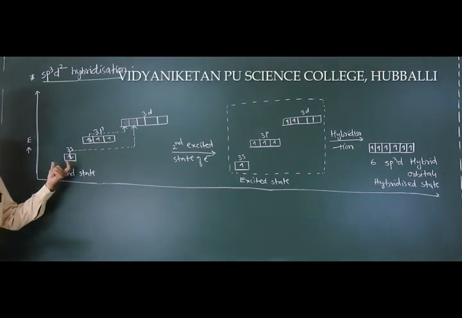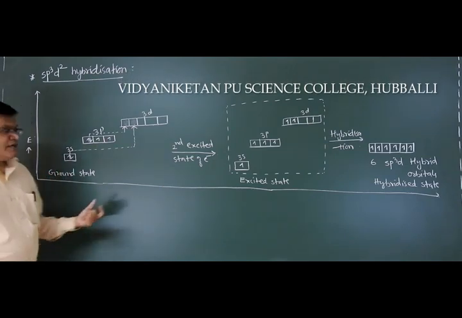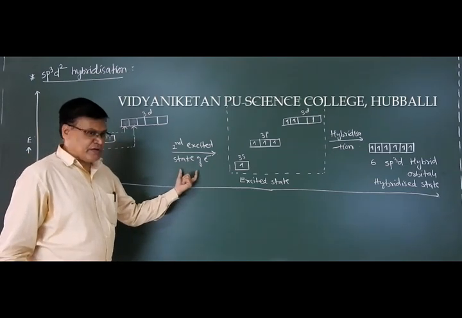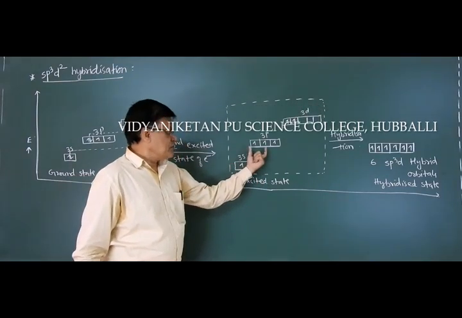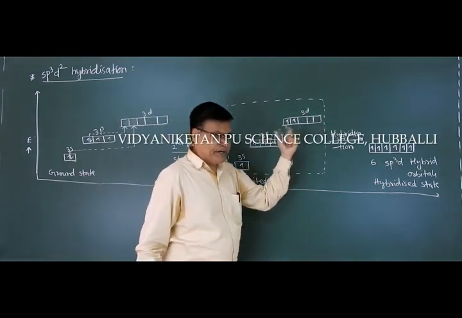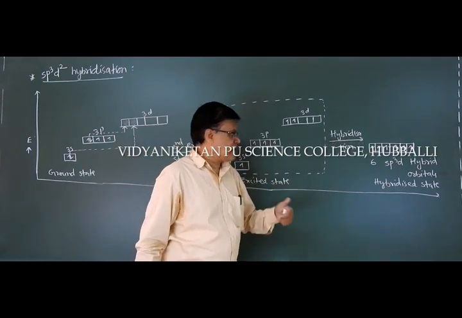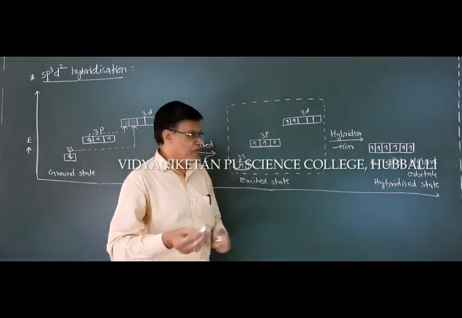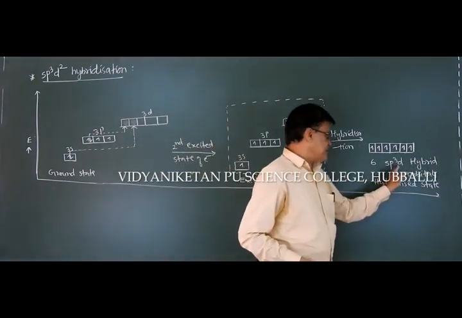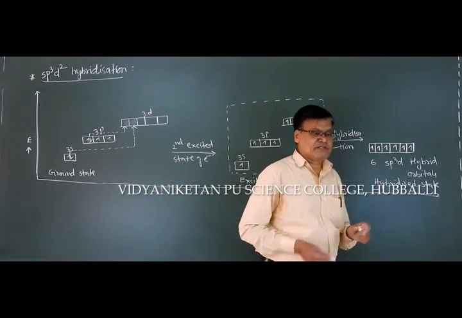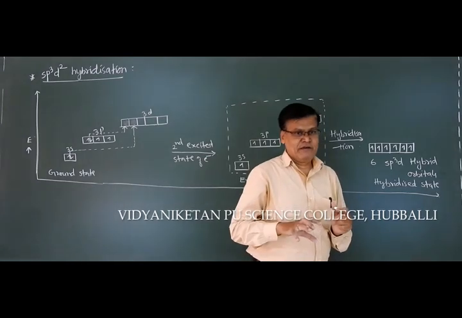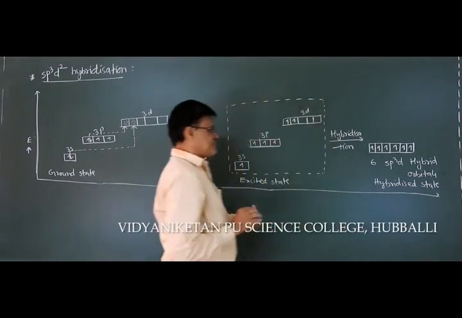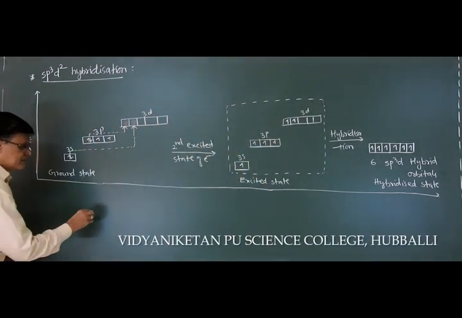After drawing this diagram, we have to read the explanation. The ground state electronic configuration, you write first. The second excited state electronic configuration, you write next. Then 1 3s, 3 3p, 2 3d orbitals intermix or participate in hybridization to form 6 sp3d2 hybrid orbitals which are directed in an octahedral arrangement. So see here, octahedral arrangement.